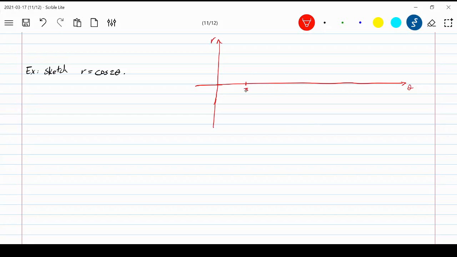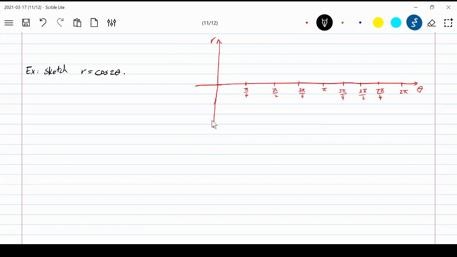So pi over 4, pi half, 3 pi over 4, pi, 5 pi over 4, 3 pi half, 7 pi over 4, and 2 pi. After that, it's just periodic.